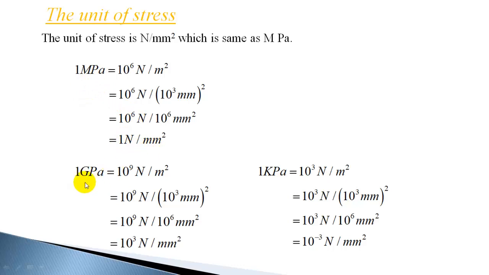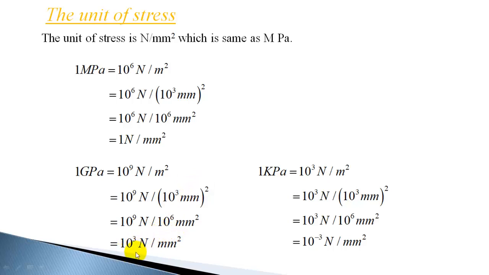Gigapascal is not generally used for stress, but later we study Young's modulus, which has the same unit as stress and is generally expressed in gigapascal. So you should know gigapascal. Giga is 10 raised to 9 and Pascal is Newton per meter square. Once again, meter is 10 raised to 3 mm, so squared you get 10 raised to 6.